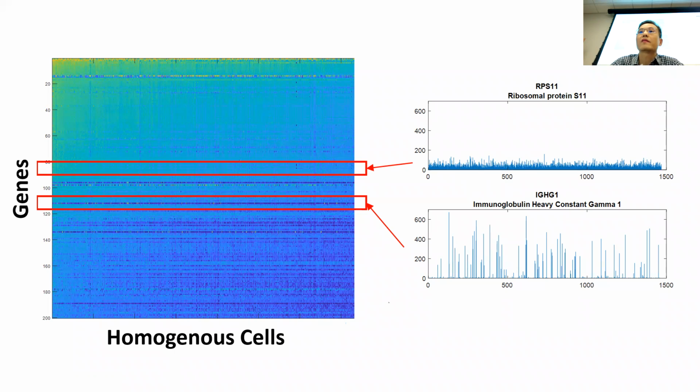You see, among these nearly 1,500 cells, ribosomal protein S11, this subunit, is a housekeeping gene, so it is expressed in almost all the cells. No zeros across cells, but the expression level is relatively low.